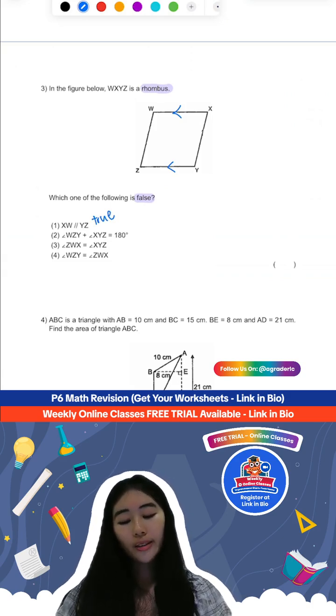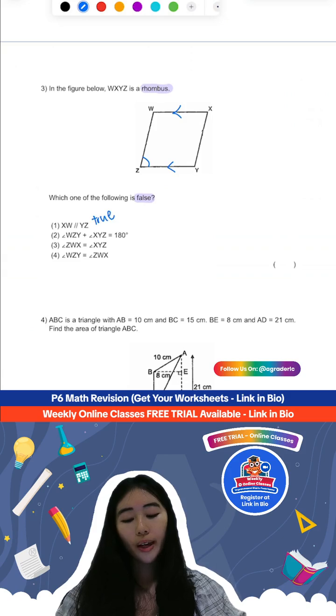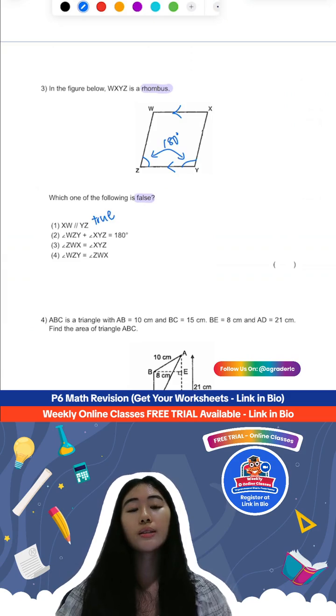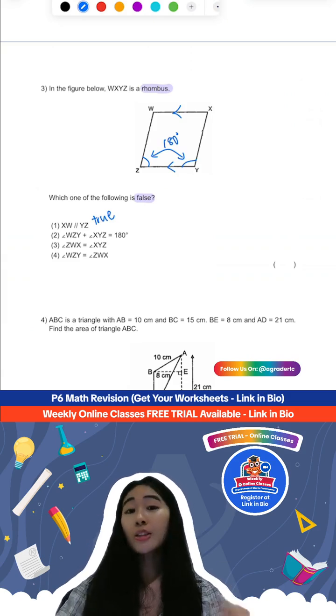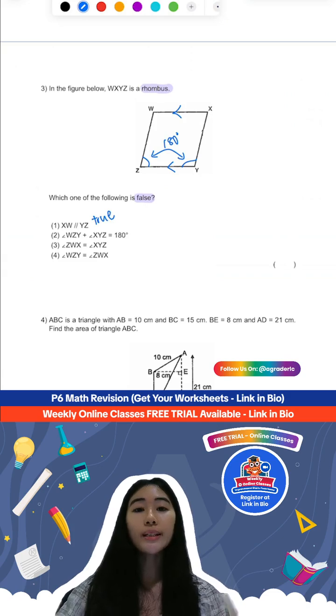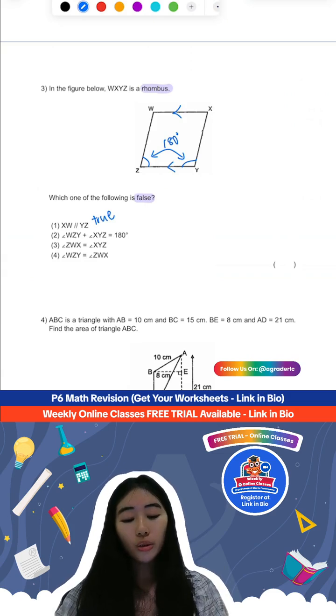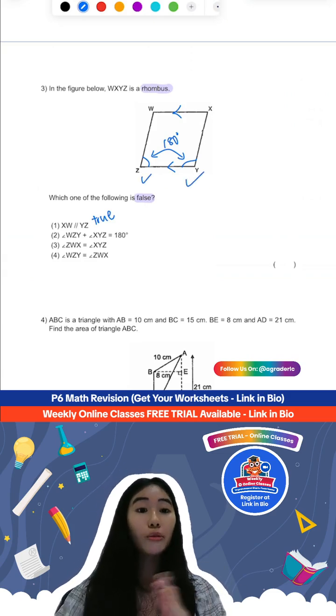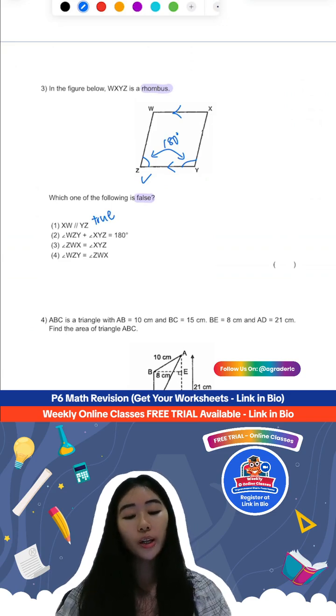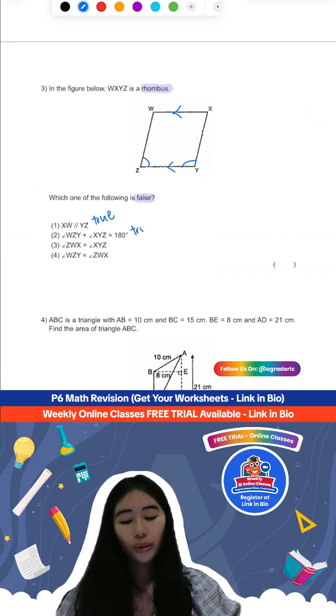So then the second statement says that angle WZY plus XYZ, these two angles add up to 180 degrees. Again, this is true because for a rhombus, any two angles that are side by side will add up to 180. These two angles are right side by side, so they will add up to 180. Second statement is true as well.